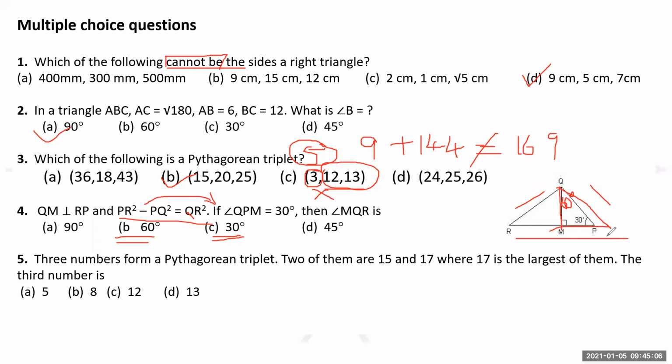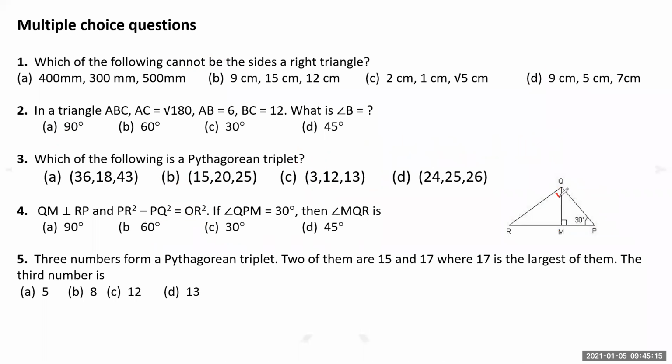So when PR becomes the hypotenuse, angle Q is going to be 90 degrees. Now angle Q is 90, so angle R is again going to become 60 degrees. Understand this?